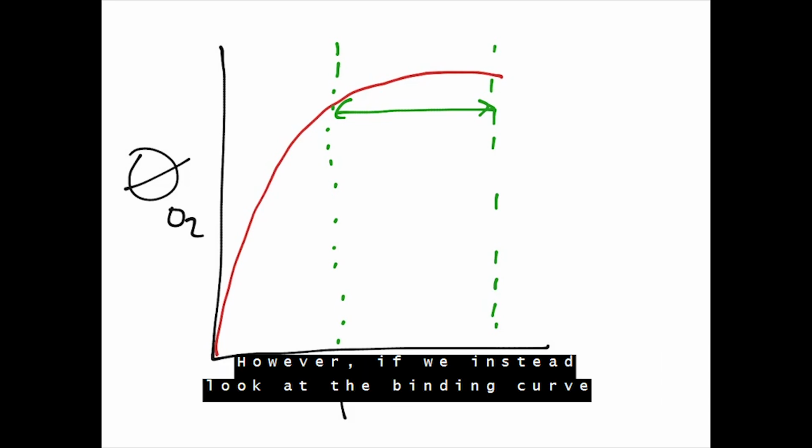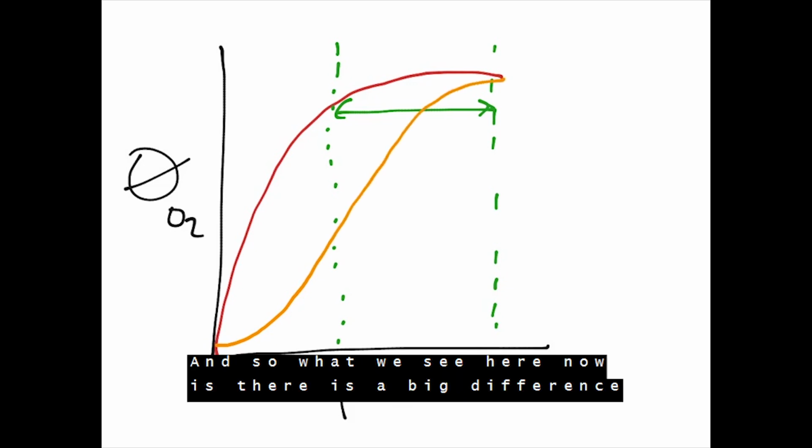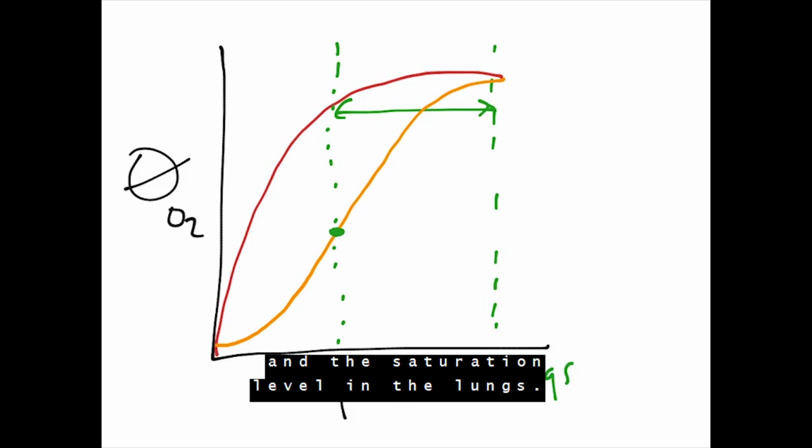You want it to hold on to it. However, if we instead look at the binding curve for hemoglobin, instead of being hyperbolic, it's sigmoidal. And so what we see here now is there is a big difference between the saturation level of hemoglobin in tissues and the saturation level in the lungs.